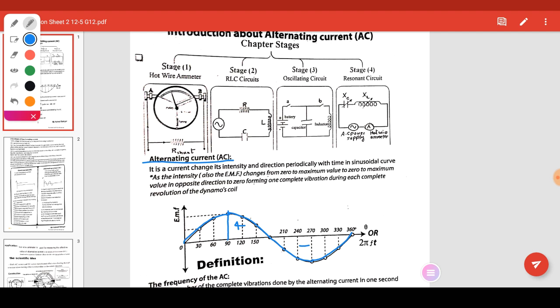The intensity or electromotive force, because electromotive force is directly proportional to the current intensity, changes from zero to maximum value, then to zero, to maximum value in the opposite direction, to zero, forming one complete vibration during each complete revolution of the coils of the dynamo.